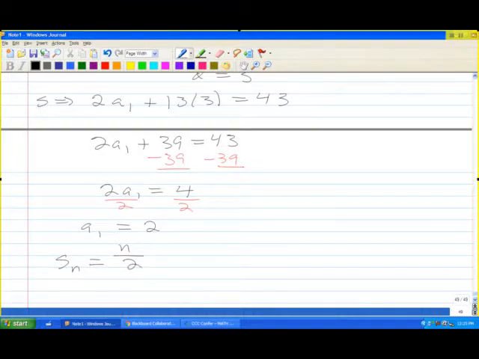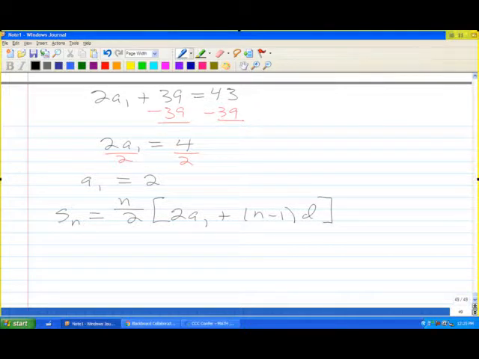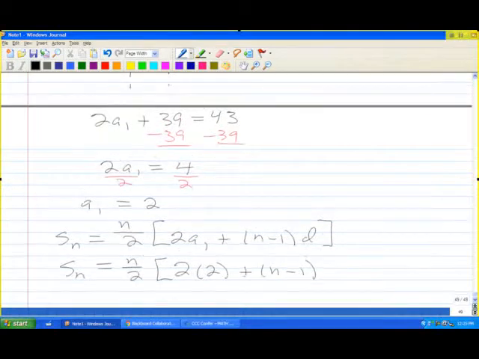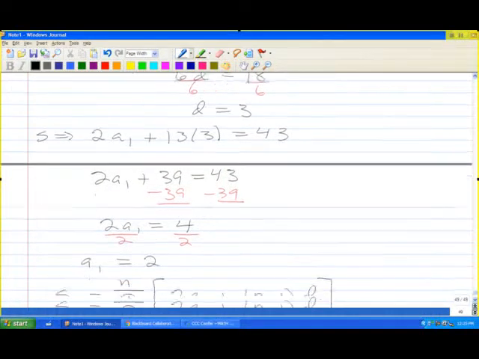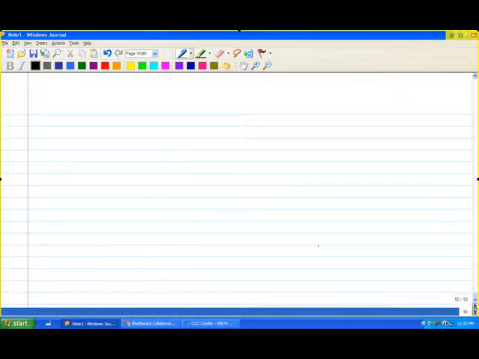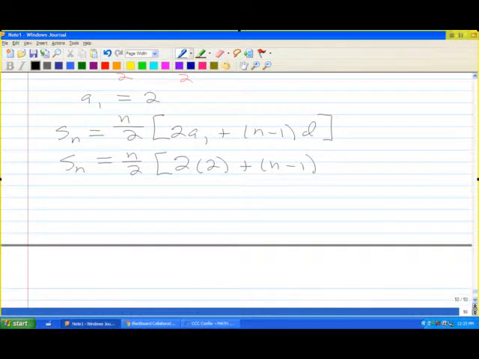And so therefore, the general equation for the sum of the first n terms is just n over 2 times (2A1 plus n minus 1 times D). And now we know each of these. A1 is 2, D is 3. Let me multiply 3 inside the parentheses.